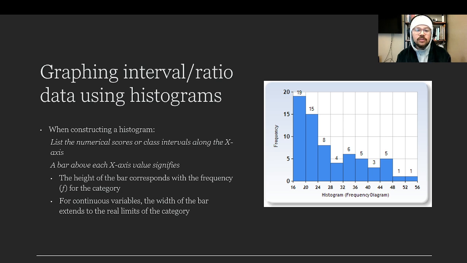For continuous variables, there's an infinite number of values that we can continue to break the category down by. The lines along the x-axis, that width, is representing the real limit of the category.